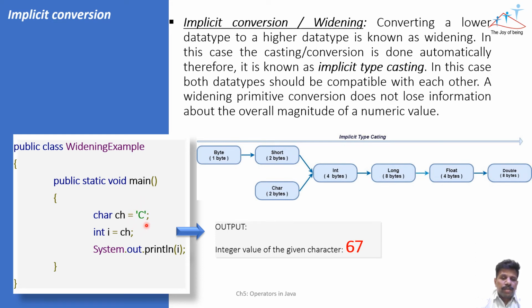All Unicode values are positive integers in general. That Unicode value will be stored; Unicode and ASCII are the same for these characters. So here the ASCII value of capital C will be assigned to i, and when you print it, you get 67, which is nothing but the ASCII value of capital C. This is also an example of implicit type conversion.